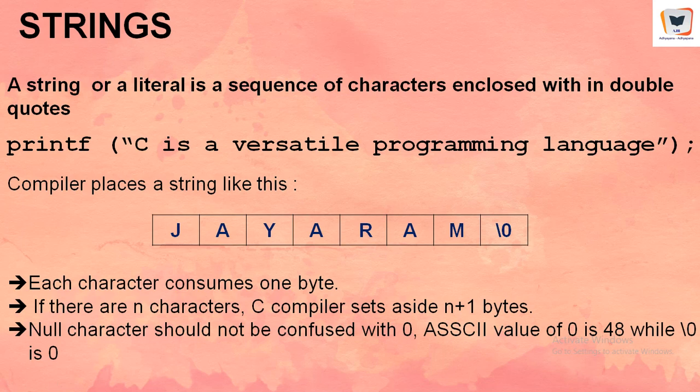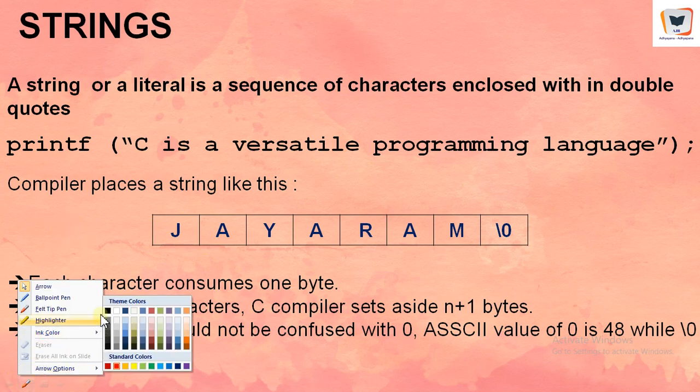Whenever a string constant is read, or a string constant is assigned to a string variable, the placement of this null character happens automatically, and this is the way the compiler identifies the end of the string. For example, the name of this string variable happens to be name, let us say.